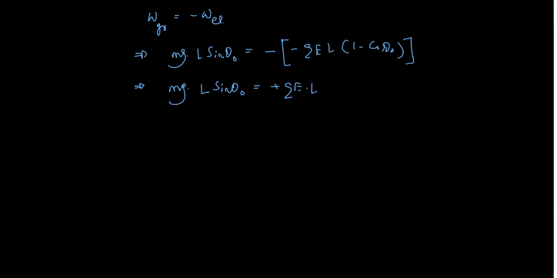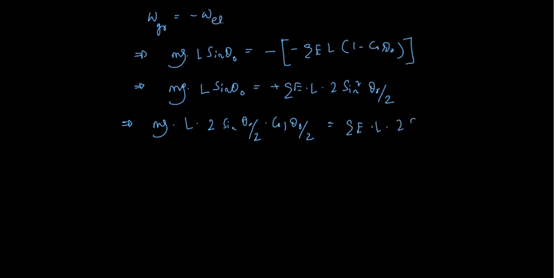So mg into L sine theta naught equals QE into L into 1 minus cos theta naught, which we can write as 2 sine square theta naught by 2. And on the left hand side, mg into L sine theta naught can be written as 2 of sine theta naught by 2 into cos of theta naught by 2. So that is equal to QE into L into 2 sine square theta naught by 2.